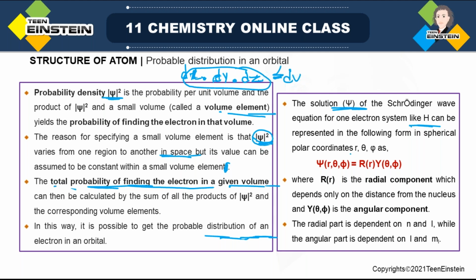Spherical polar coordinates are r, theta, and phi. Basically r is distance, and theta and phi are two angles. So chi is a function of these. Now chi can be written as a product of two different parts. What are these two different parts?